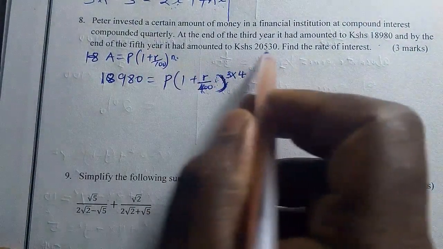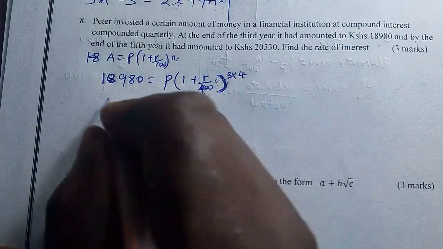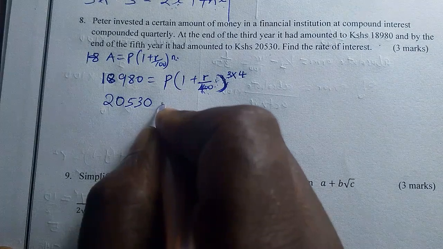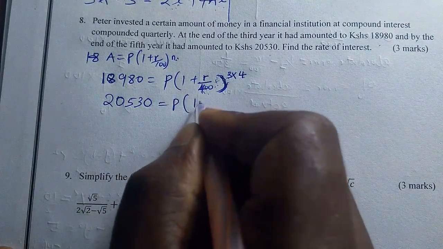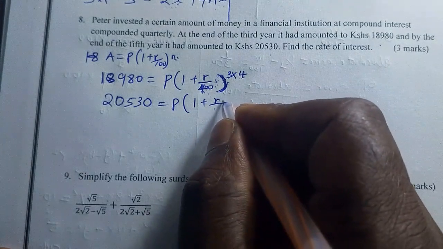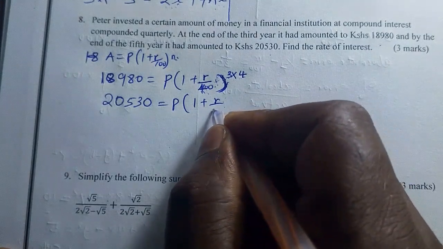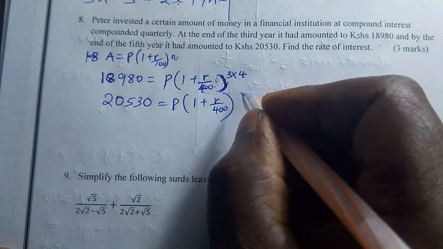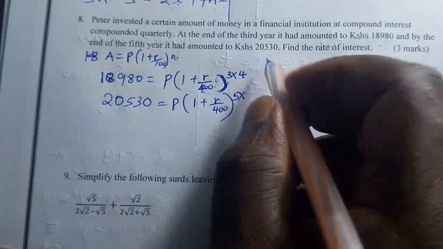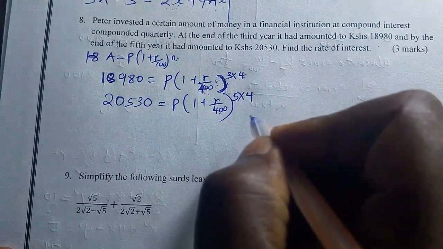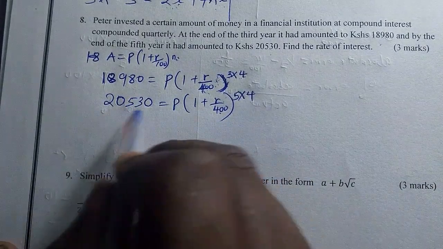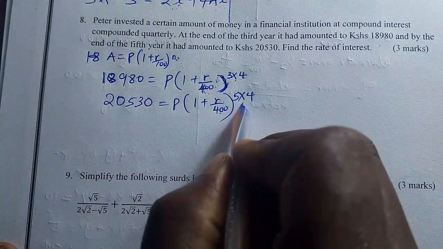The second amount is 20,580, which is equal to principal times (1 plus r over 100), but it is compounded quarterly, so 4 times 100 is going to be 400. Then our n is the end of the fifth year, that is 5 times 4. So now we will have this expression. This one is going to be 12, and this one is going to be 20.